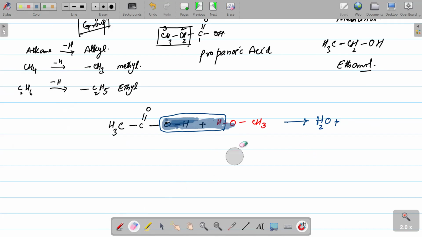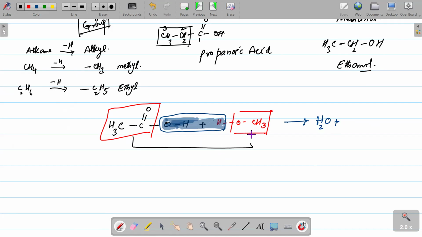So what are we left with? We are left with this part of alcohol and this part of carboxylic acids. So after the removal of water, these two combine with each other and make a product.